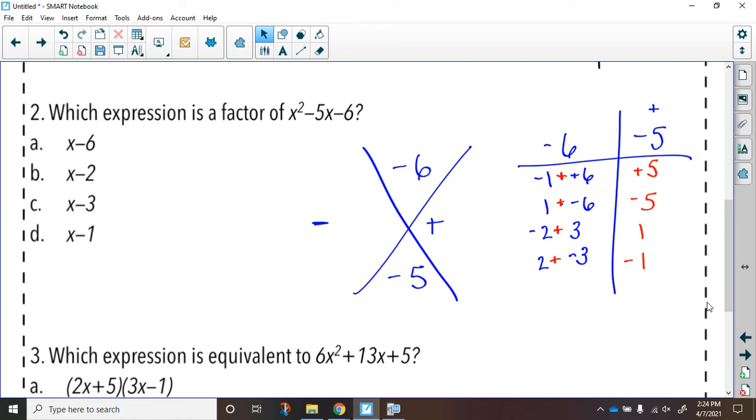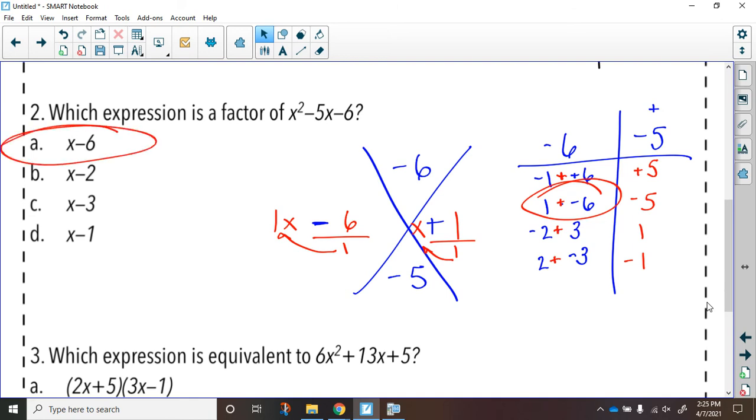So the set of numbers I'm looking for is right here. So again, I have a negative 6 and a positive 1. And when I put it over 1, we get 1x minus 6 and 1x plus 1, which means A would be my answer.